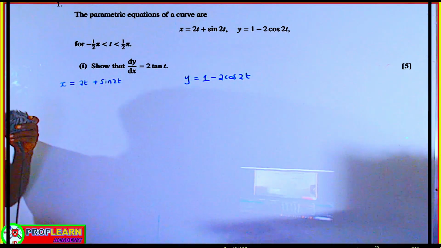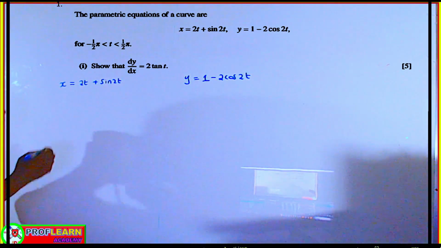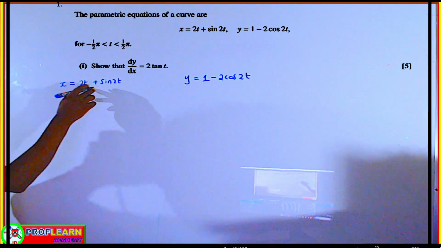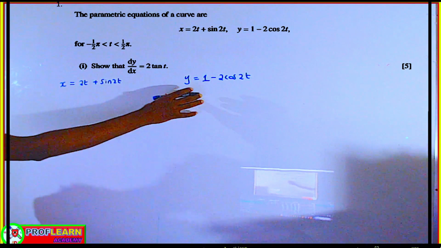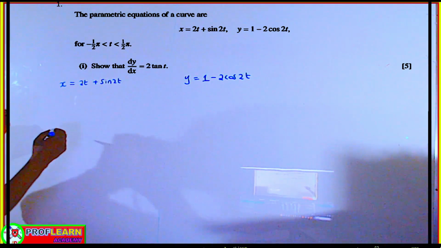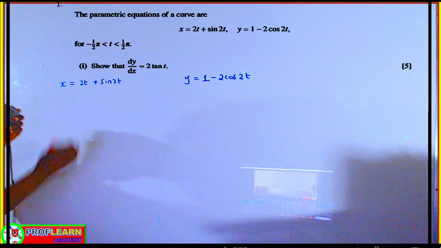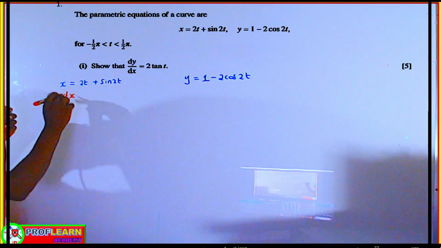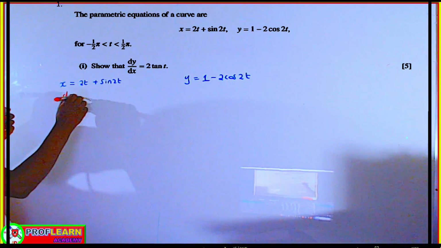In order to differentiate these two parametric equations, first we are going to work out differentiation with respect to t for x, and then we follow by working out the differentiation for y with respect to t. So the first case, we have dx/dt.